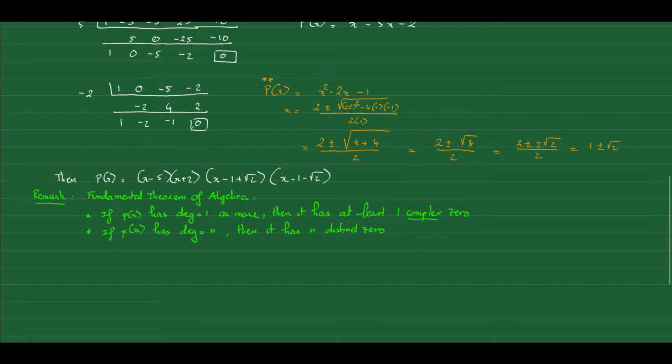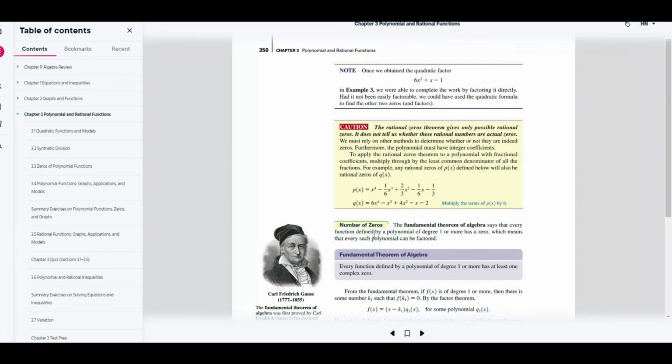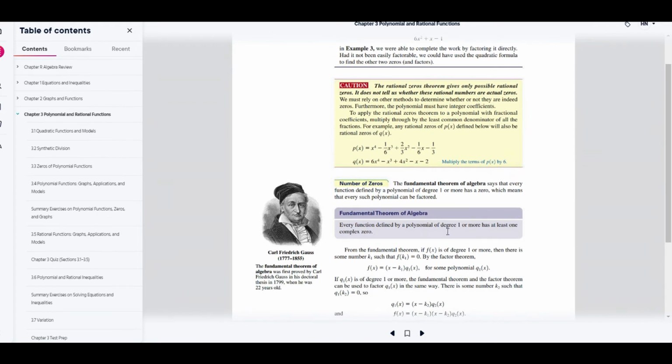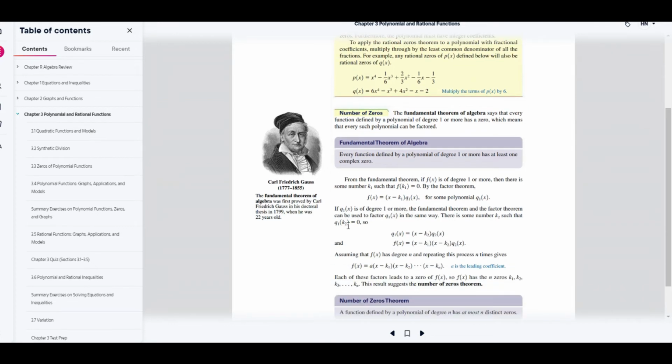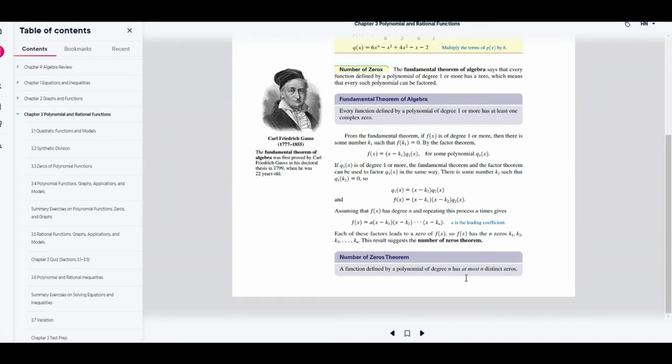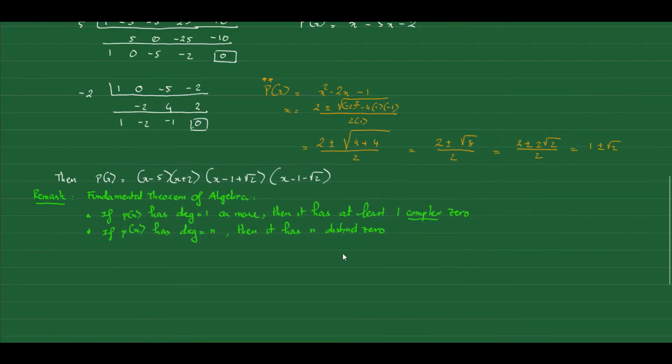Well, now let's take a look at what the textbook said. Yeah, at least one complex zero, and at most n distinct zeros. Did you put "at most" over there? No, I had "and at most." I forgot to put "at most." Distinct, at most.